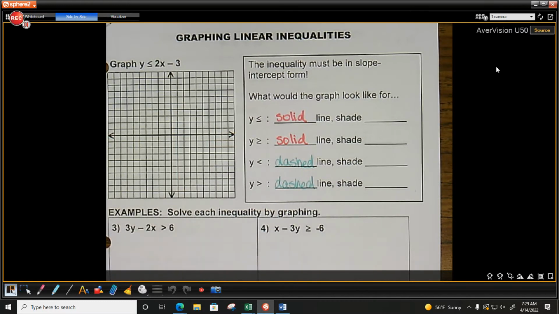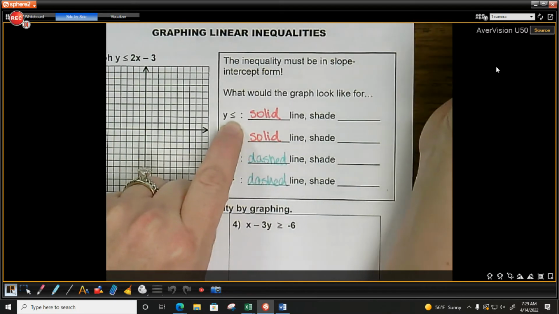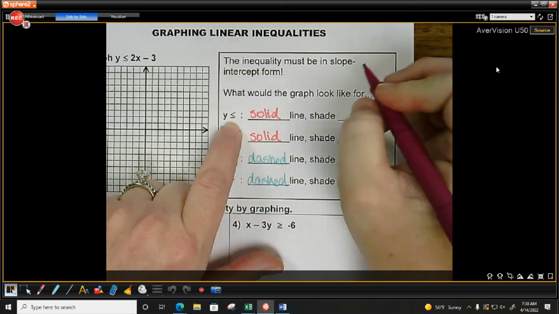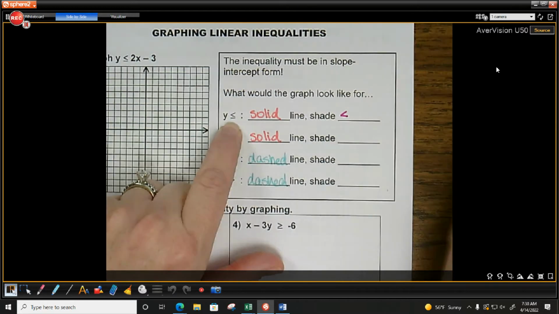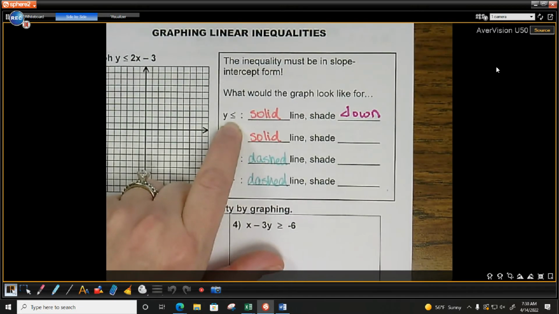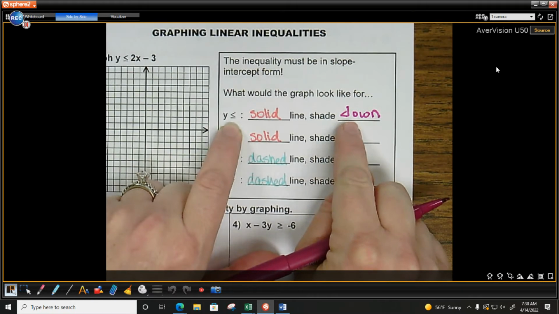Then we are going to shade half of our graph. We're either going to shade above the line or below the line. So this is what kind of symbol? There's the equal to under it, but what's the inequality sign? Less than. So this is a less than or equal to. Another way to help you know which way to shade: do you see how the less than sign can be turned into a D for down?